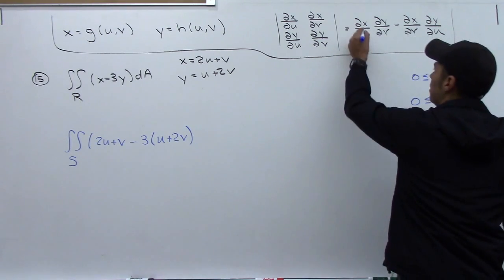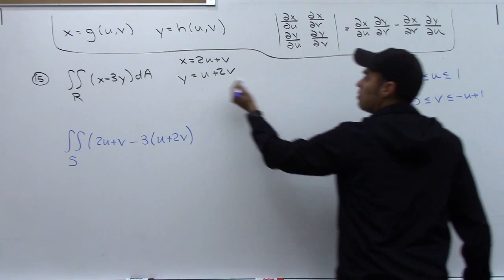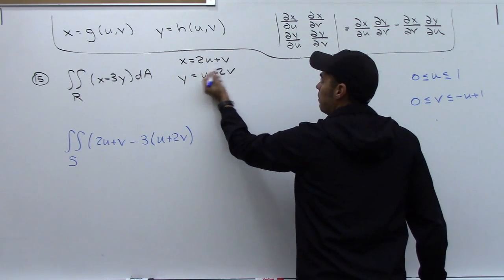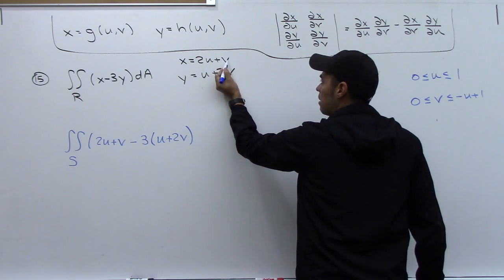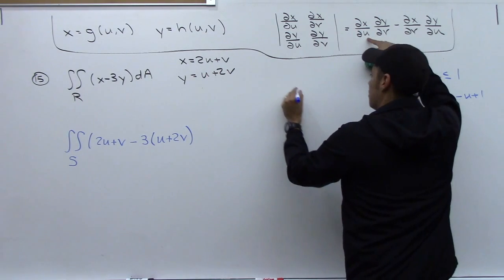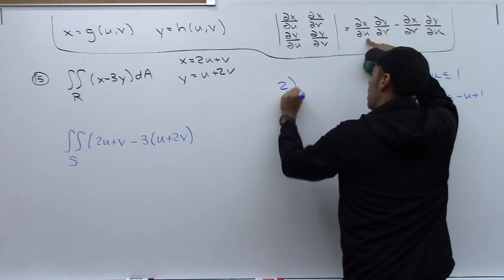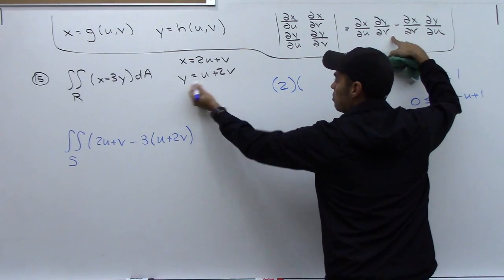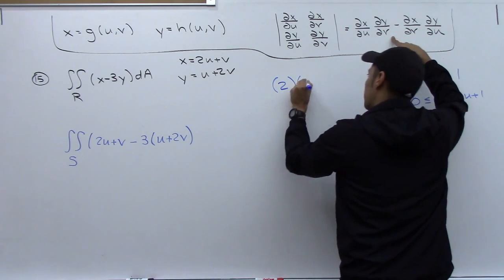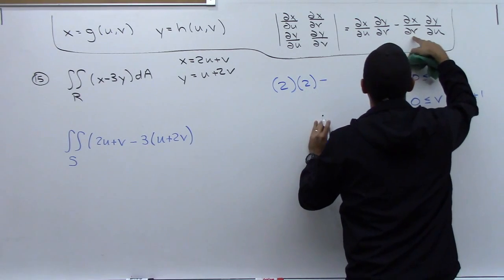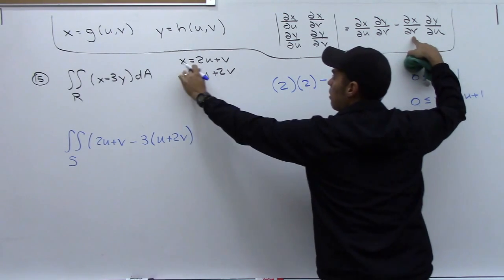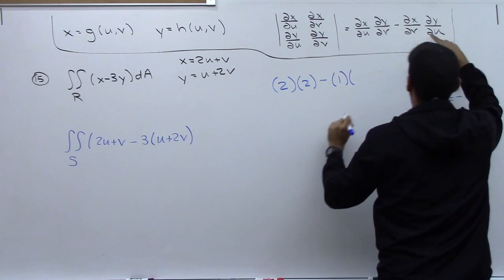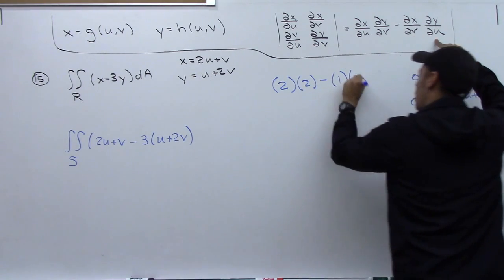So I need the partial of x with respect to u. Partial of x with respect to u is the derivative of this with respect to u. I treat v like a constant. That's just going to give me 2. So this right here gives me 2 times partial of y with respect to v. Partial of this with respect to v is just 2 again, minus the partial of x with respect to v, which is 1, times partial of y with respect to u, which again is 1.